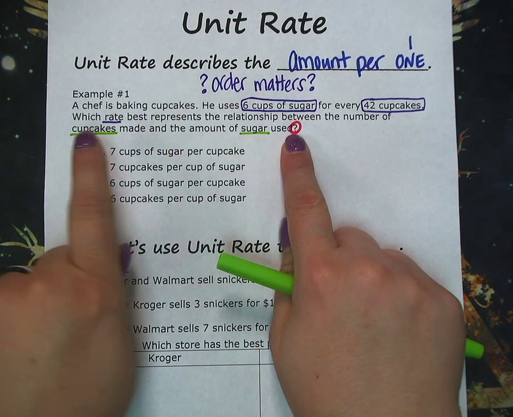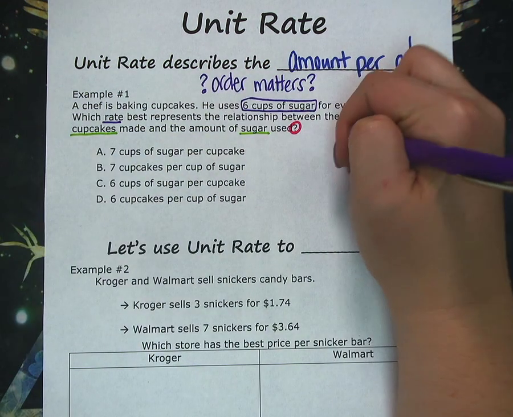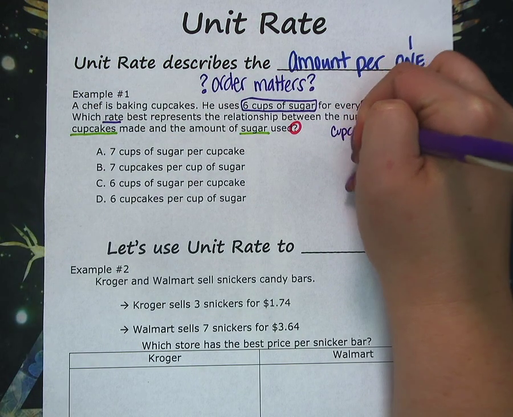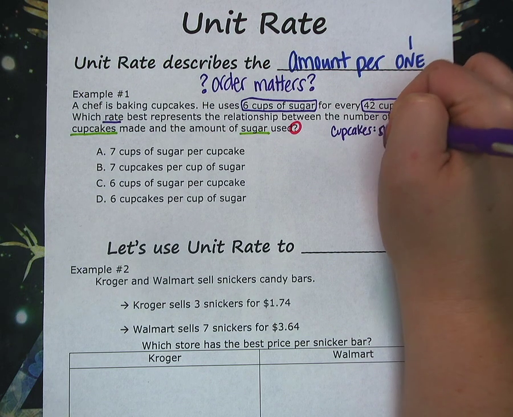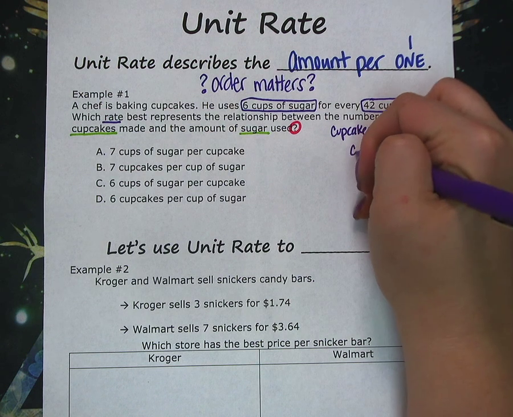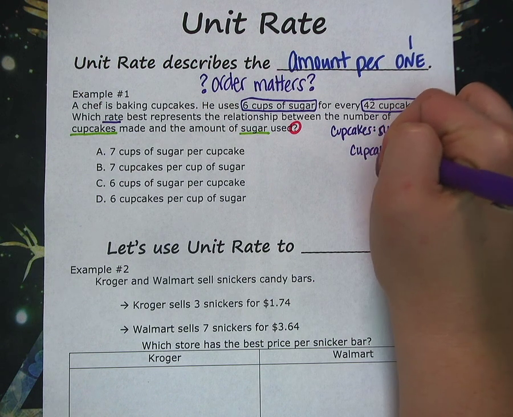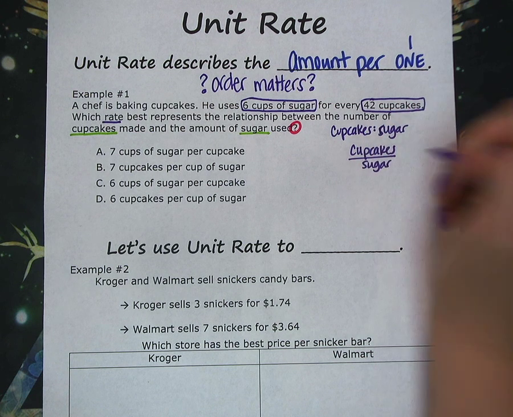See the question mark? We're going to use the order cupcakes to sugar. So I could say, okay, cupcakes to sugar like that. Or instead, I could say cupcakes over sugar, like a fraction, okay?